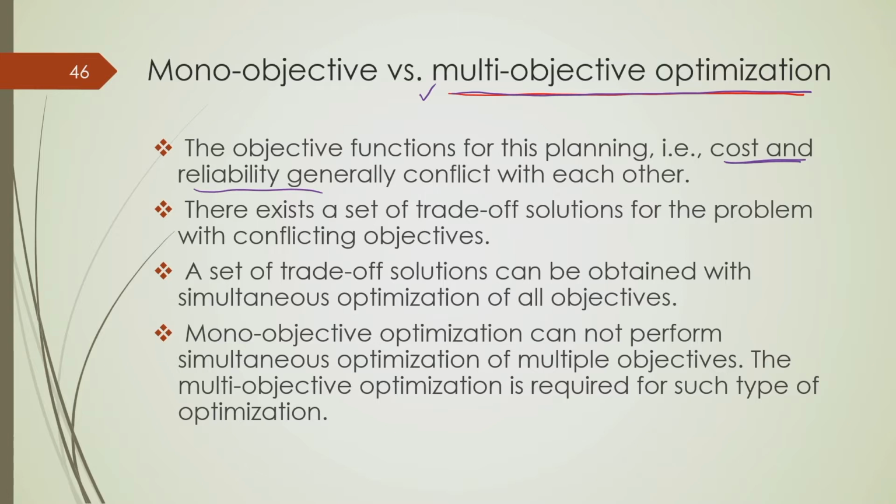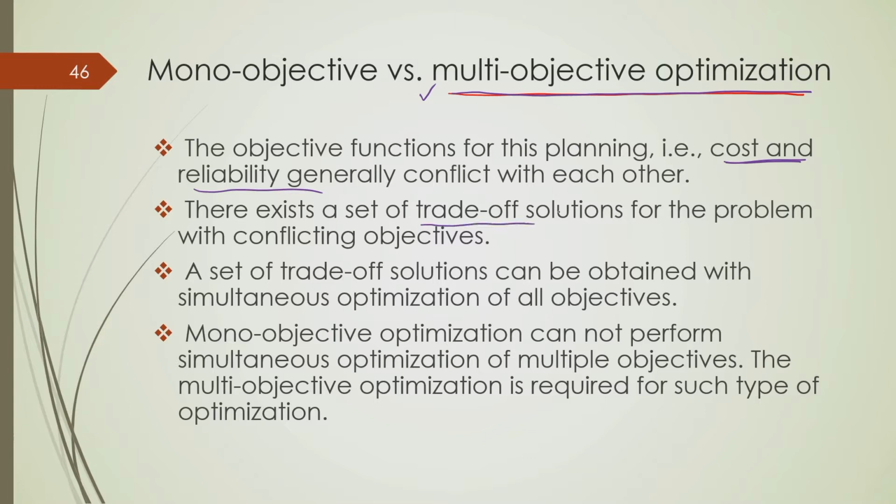Now, in a multi objective optimization problem, unlike the single objective or mono objective problem, there exist a number of solutions instead of a single optimal solution, and these solutions are called trade off solutions, or they are known by a special nomenclature, non dominated solutions. I will come to that. In multi objective optimization, our goal is simultaneous optimization of multiple objective functions which conflict with each other. Now, I will give an example here.